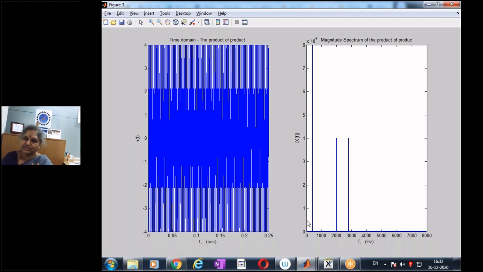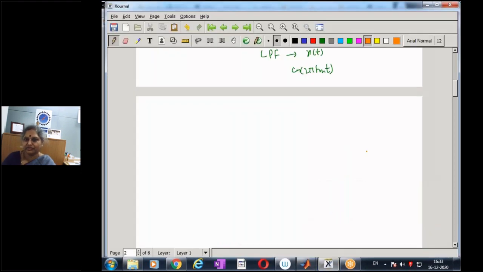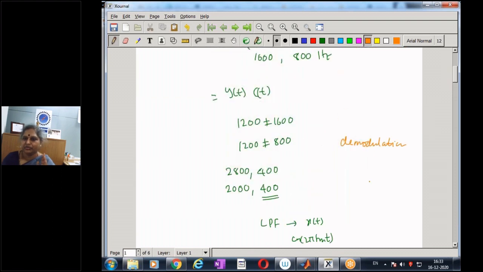And the beauty of this result is, when I multiply twice, I have this component at 400 hertz, and if I pass this product through a low frequency filter of a suitable frequency, I can get back my 400 hertz component, and these two will get filtered out. This concept is what is used in the entire demodulation.